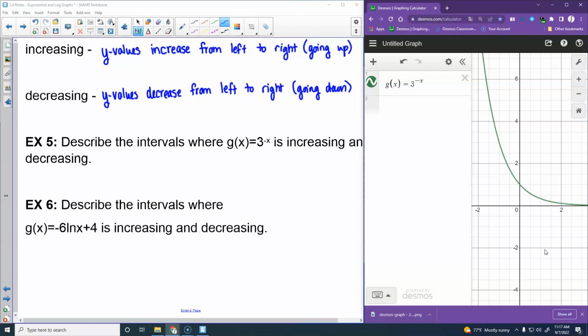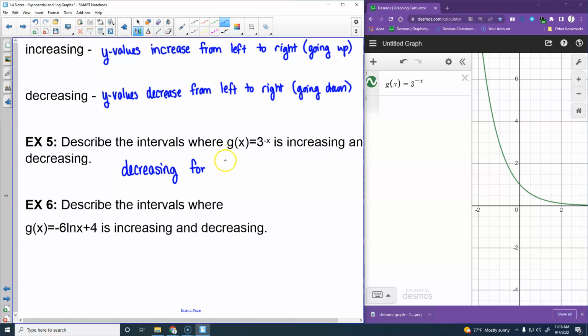Decreasing. So this is decreasing for, and then we need to know the domain of this function because it can only decrease on its domain. What is the domain of this function? Negative infinity to positive infinity.